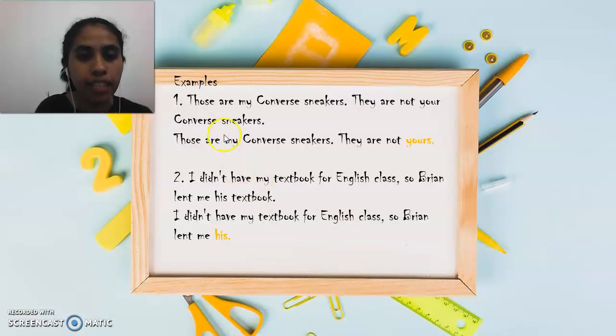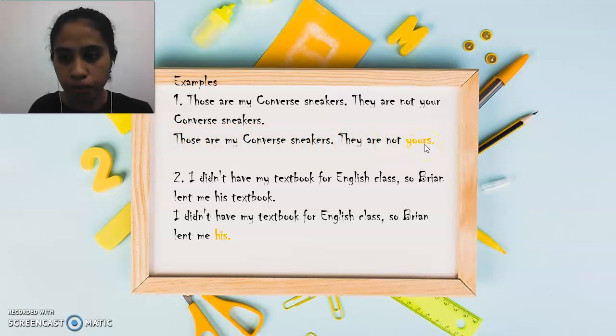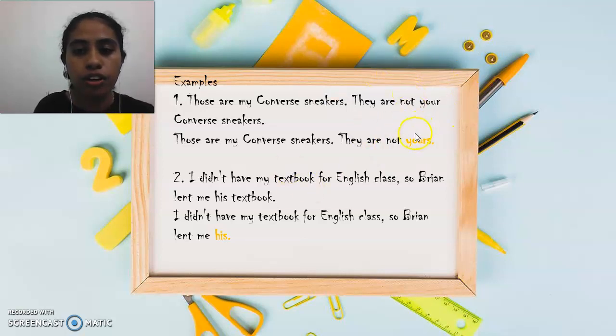For the examples, first, those are my Converse sneakers. They are not your Converse sneakers. So, those are my Converse sneakers. They are not yours. Yours here is a possessive pronoun.